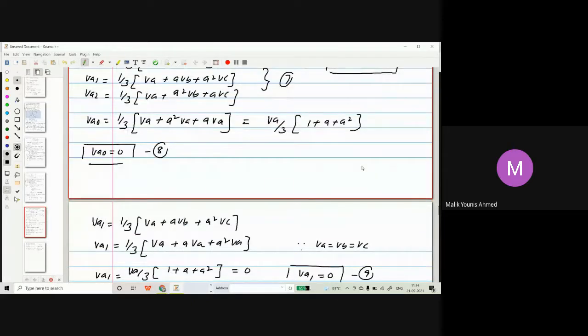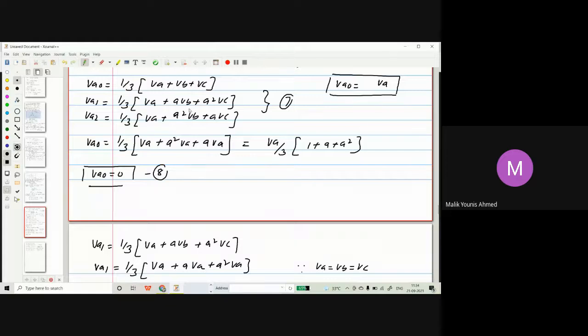Now here is another result: VA1 is VA plus A square. Again we will put the values, but in this case, let's look at the results for VA1. If we put 1/3 VA, so VB is A cube VA, that will be again A cube VA.